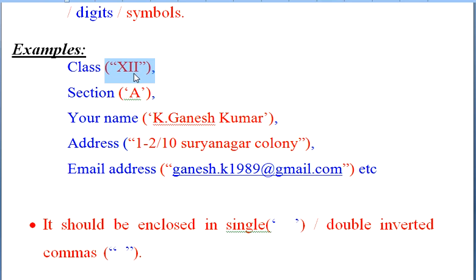This is a way of defining a string in MySQL. Or else you can use single inverted commas, like I have used for the section as well as for your name. So whatever is enclosed within single or double inverted commas is treated as a string in MySQL.